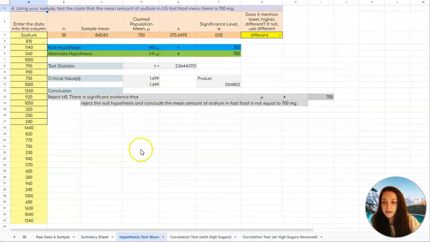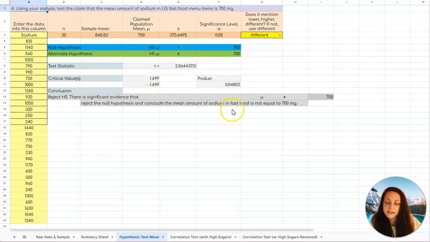Okay, so for the hypothesis test, one of my questions was a hypothesis test for the mean amount of sodium in US fast food menu items. The claim was 700 milligrams, and my sample mean was 840.83 milligrams, which, with a test statistic of 2.06 and a p-value of 0.04802.